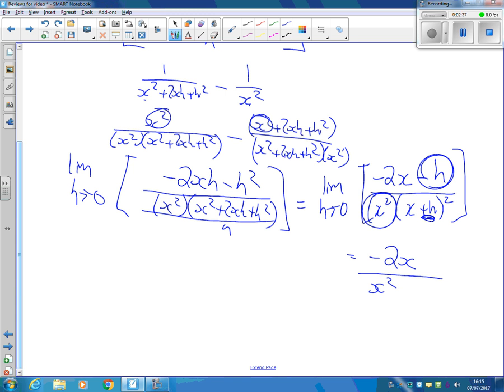But as h gets closer and closer to 0 here, this thing here is also going to get closer and closer to x squared. So we've got minus 2x over x to the power of 4, and using our indices powers rule, cancelling one of those x's, we get minus 2 over x cubed as we were asked to get.